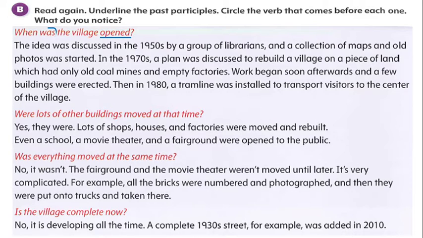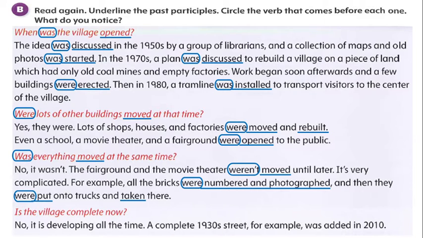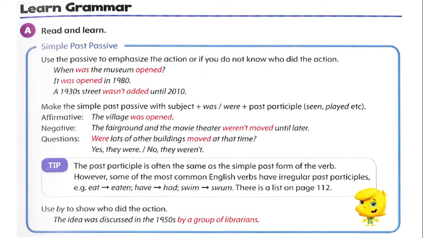The first is was opened, was discussed, was started, was discussed, was erected, were installed, was installed, were moved, rebuilt, were opened, were moved, was, weren't, were numbered and photographed, were put, taken, were, was.